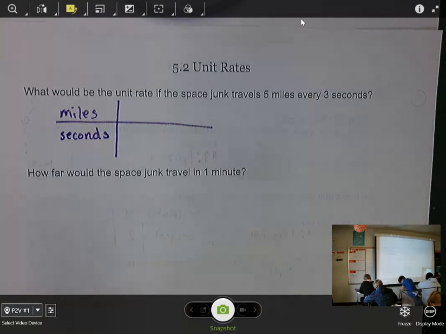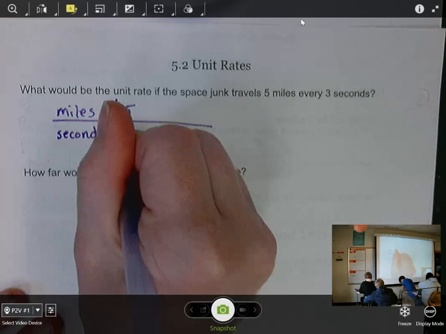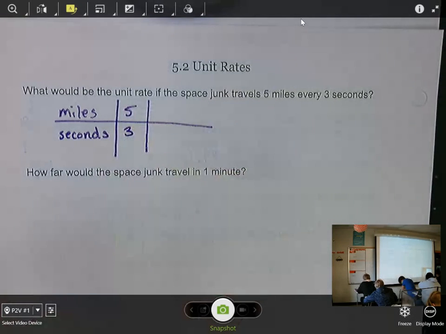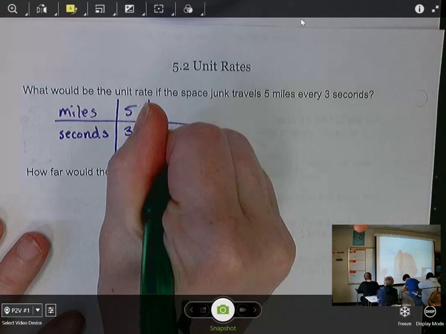Miles per second, and the ratio was 5 miles for 3 seconds. Now, what am I going to divide both of these by to find the unit rate? Alex. Divided by the denominator, which is what? 3. Yeah, so I'm going to divide both of these by 3.